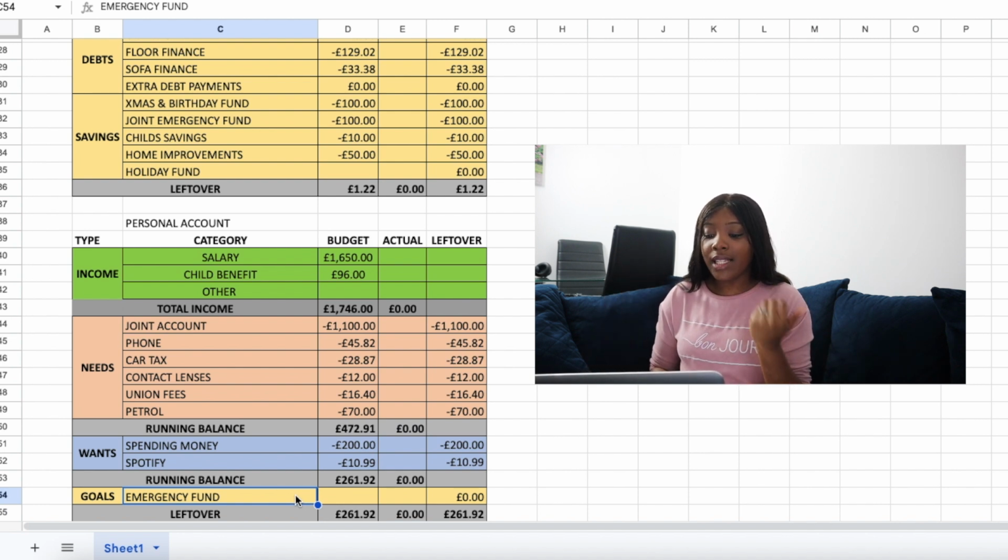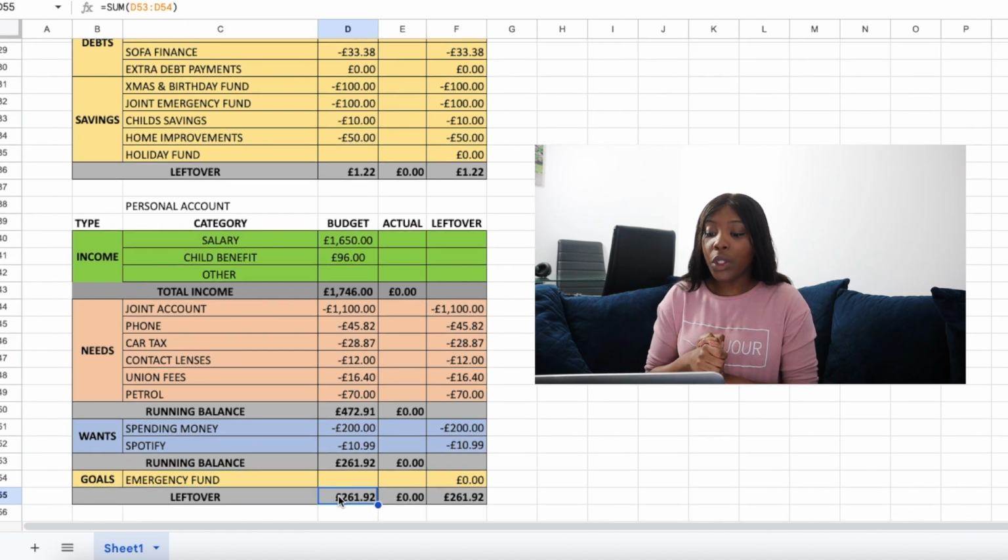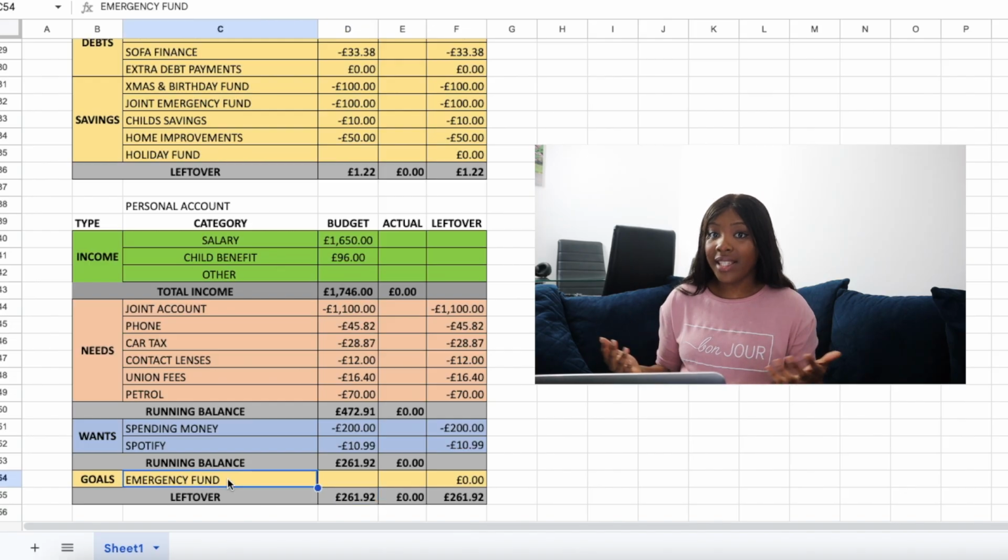But in terms of what she has left over, she has over $261, which I think is great. I think, again, the question is, okay, well, where do you want that money to go? Is that to also build an emergency fund? Do you have any specific sinking funds that you want to be saving for personally?